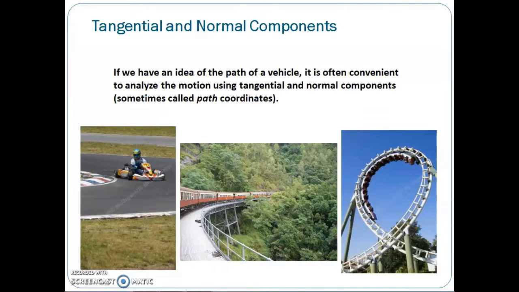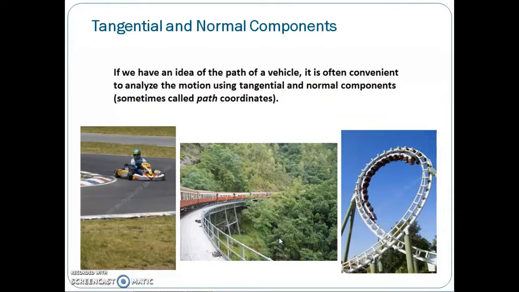For example, the motion of a racing car on a racetrack, trains on a curved track, or a roller coaster on its track. If we have an idea of the path of these vehicles, for example, the radius of the curve, it's very convenient to analyze these motions using tangential and normal components. Sometimes it's called path coordinates.